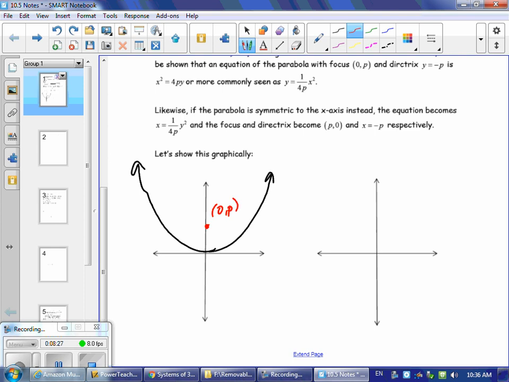And then down here, if I take about the same distance away, maybe right here or so, it's close. This would be the point. This would be the equation y equals negative p.